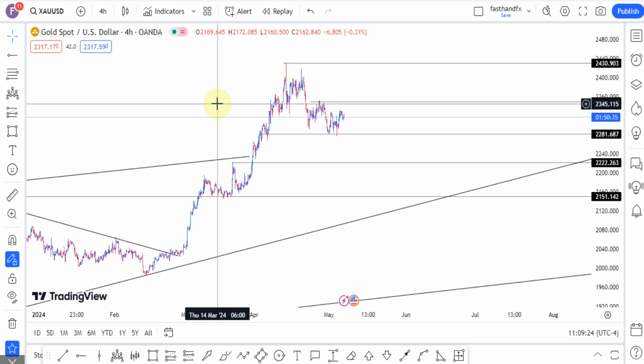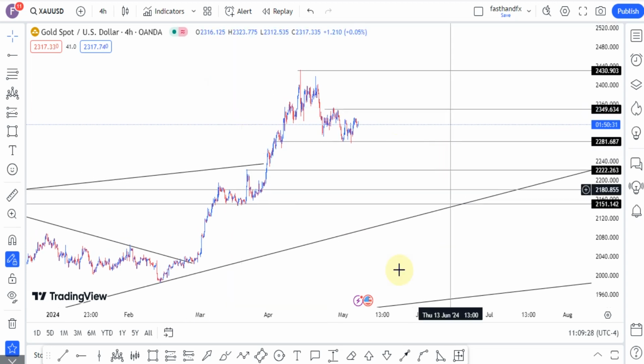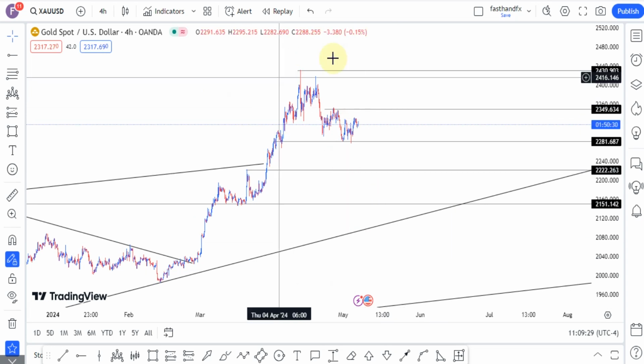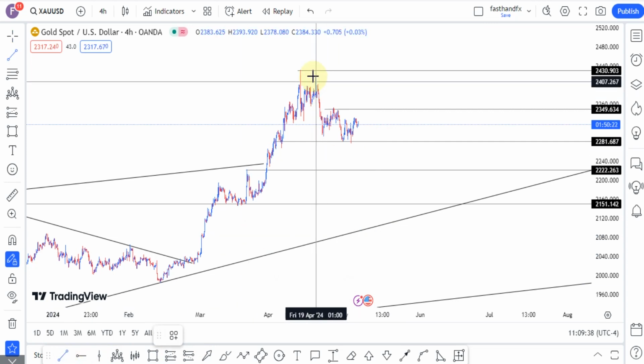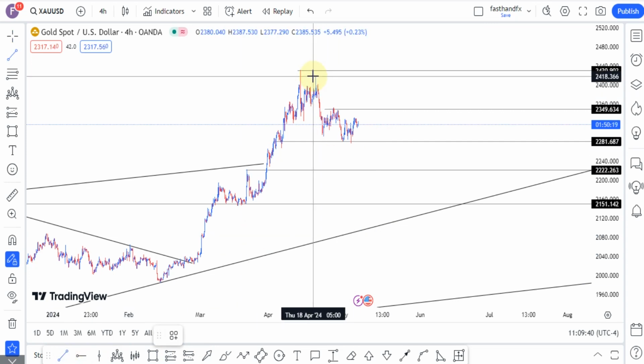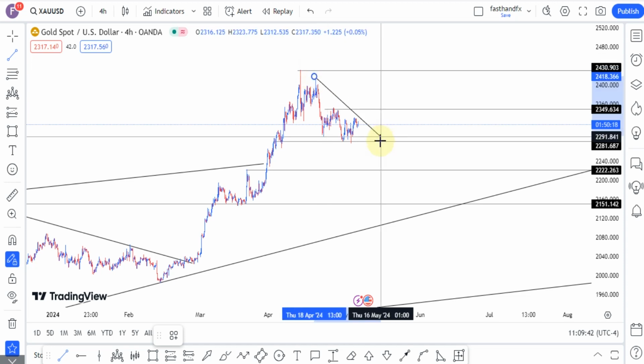And how do we use this information now to understand or to know what we're doing in the market? When you look at this kind of structure up here, this is what we call a bullish flag. So let me draw it so that I can show you.